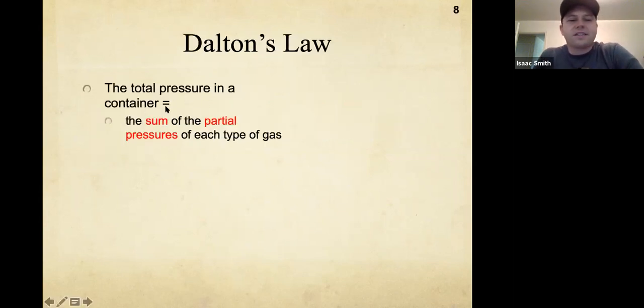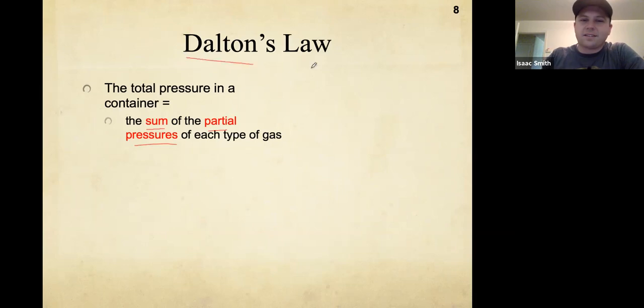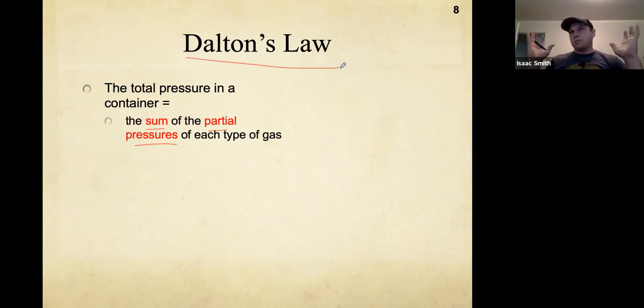Okay, total pressure in a container is going to equal the sum of the partial pressures of each type of gas. This is what's known as Dalton's law. When we refer to total pressure, for example, atmospheric pressure, if you're at sea level, you're surrounded by 1 atmospheric pressure.